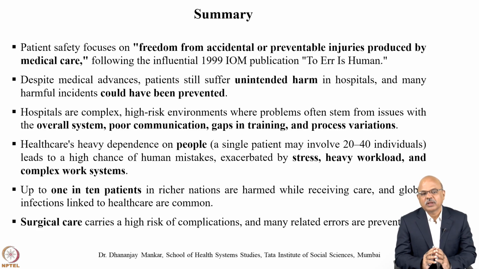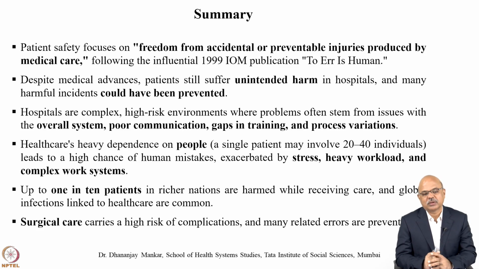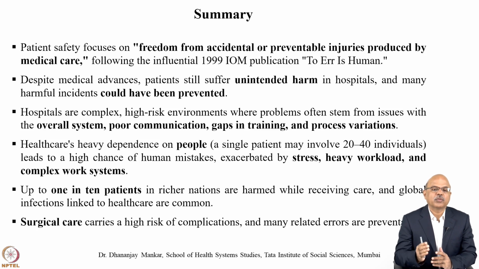Hospitals are complex, high-risk environments where problems often stem from issues with the overall system and not only one individual. Poor communication among staff and with the patient, gaps in training, which are a pending issue in most organizations, and process variations from one process to another.